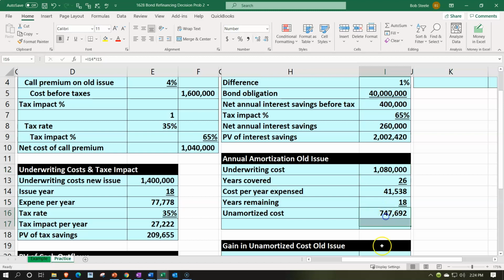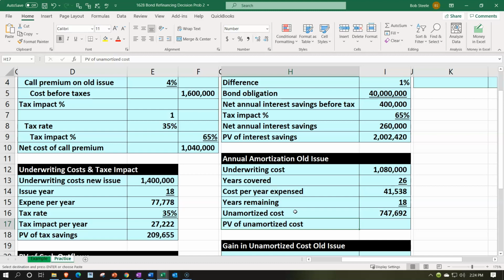So that means we have the 747,692. If we decide to retire the bonds now, we basically get the full benefit of that, because we get to take the costs of the unamortized portion now. Otherwise, we would have to keep on amortizing them over the 18 years.